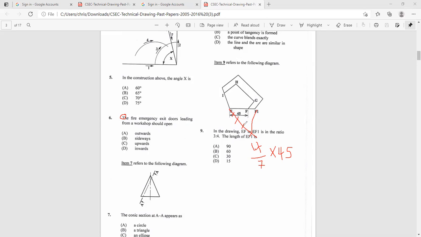So you join 3 to that end, and then extend this out, draw a line parallel to 4, and that will give you that. So this will work out to about 60 based on the length of that.